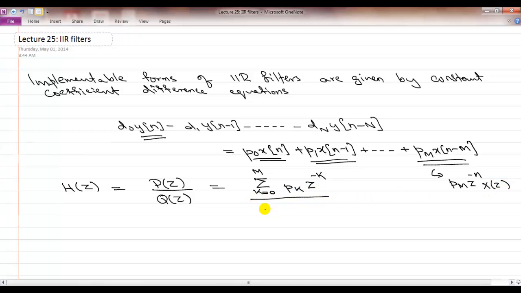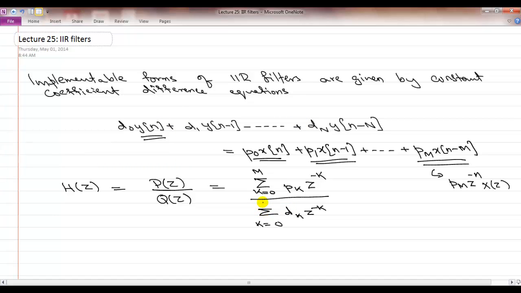And then you have the summation k equal to 0 to N of dk z to the minus k. So I should actually have pluses here also.